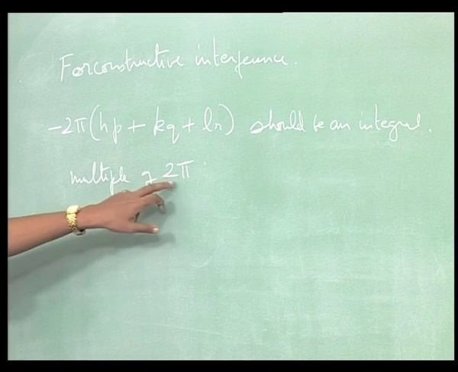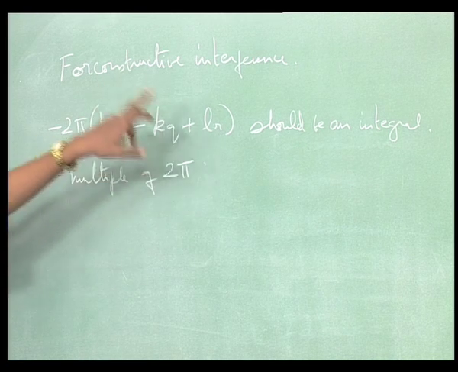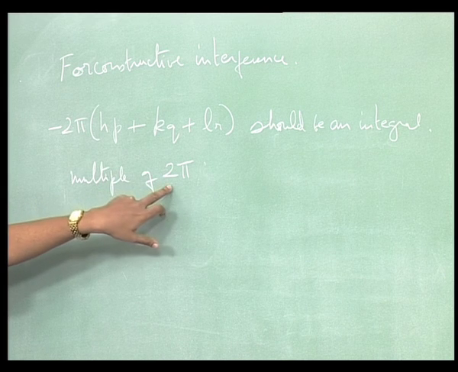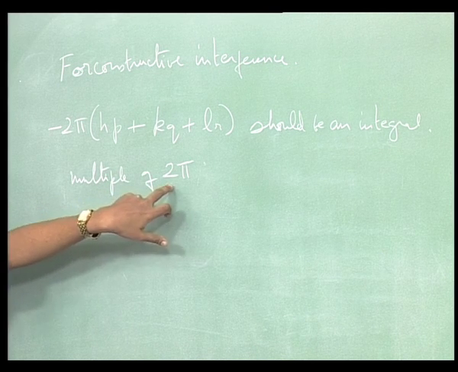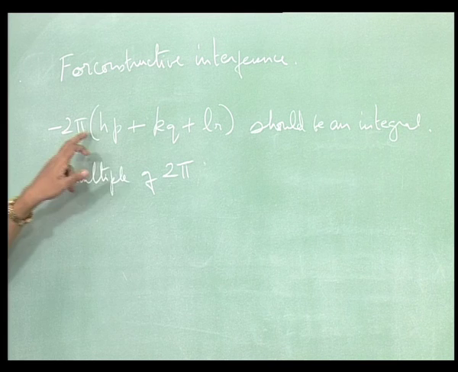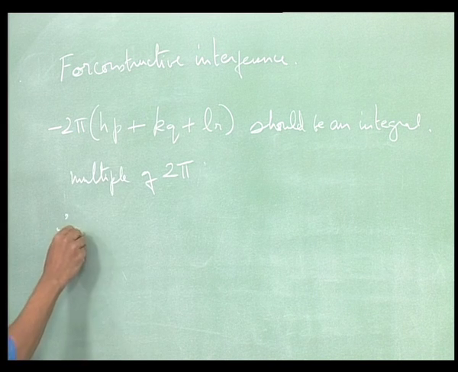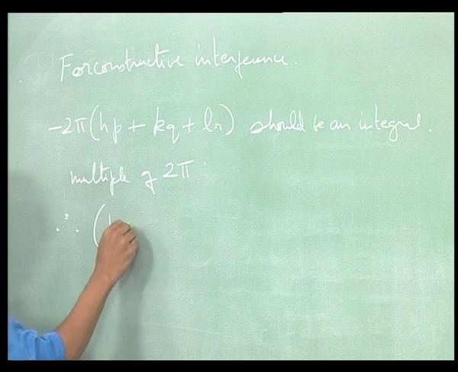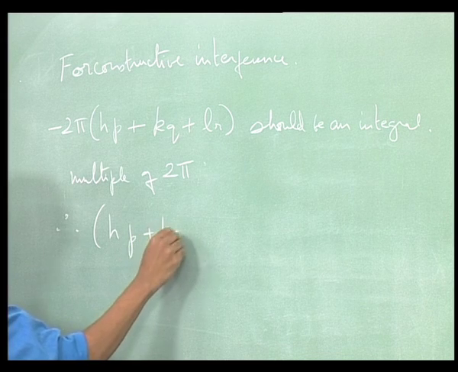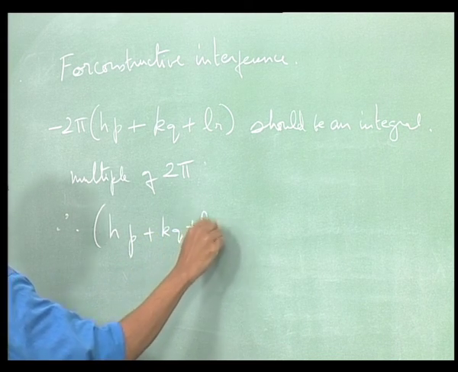Okay, so it has to be an integral multiple of 2 pi, this whole quantity is a phase difference, that has to be an integral multiple of 2 pi for constructive interference. We already have 2 pi here, therefore we are requiring that HP plus KQ plus LR should be an integer.